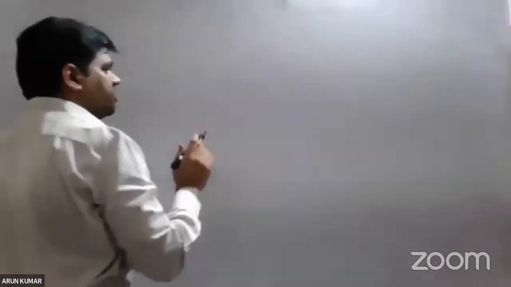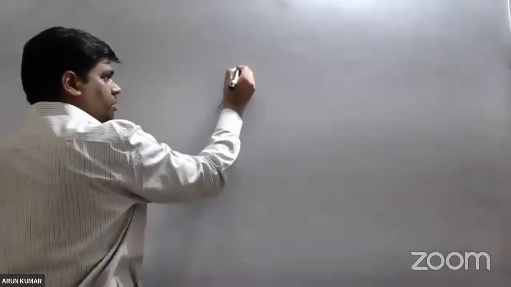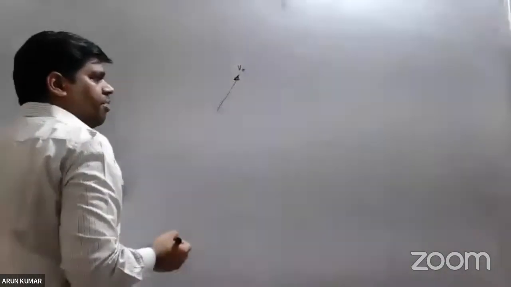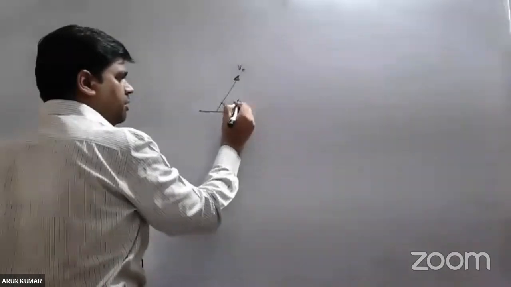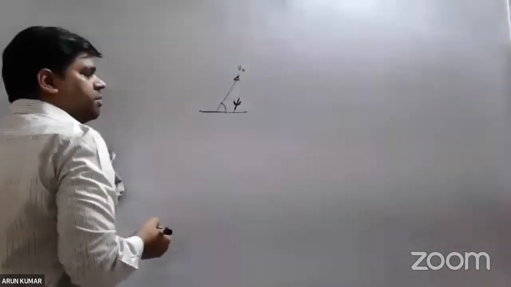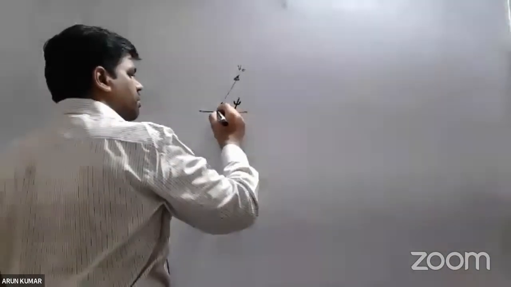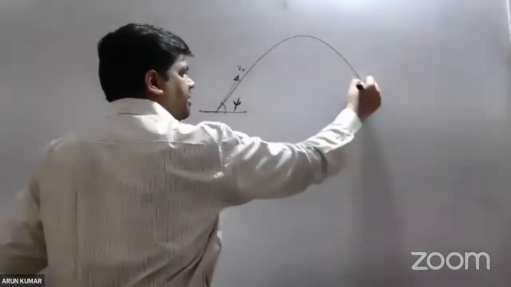Now look at this question. It's from projectile motion. I've got a particle which is projected with velocity v naught at an angle of psi with the horizontal. Now this will hit the ground somewhere here.